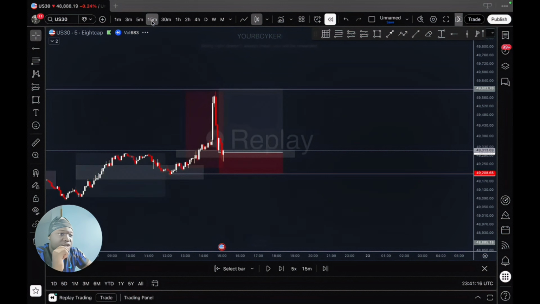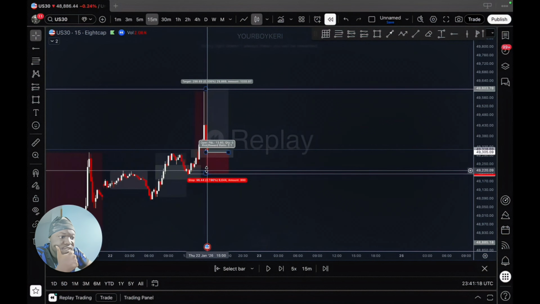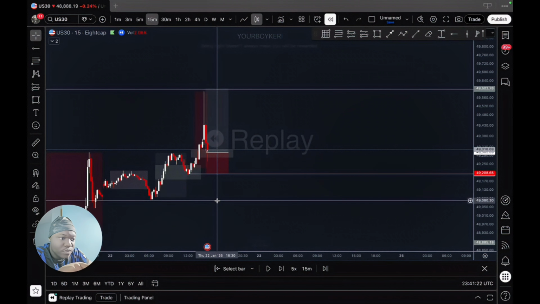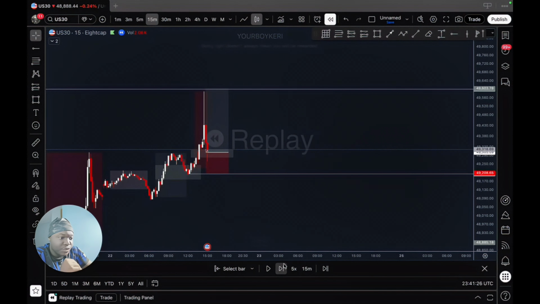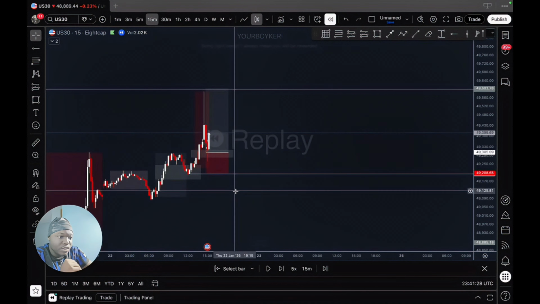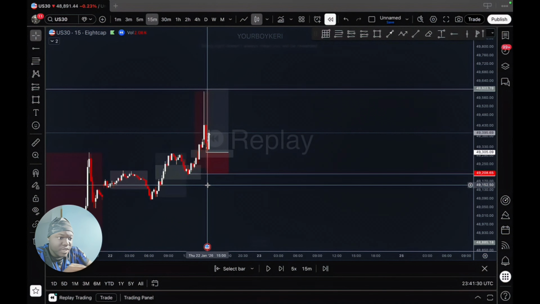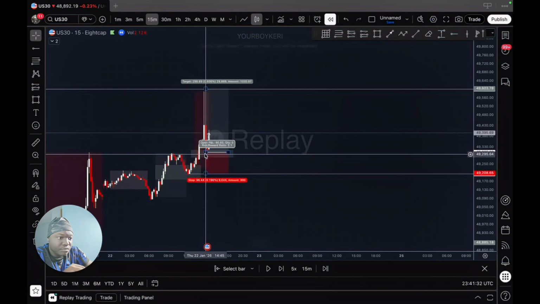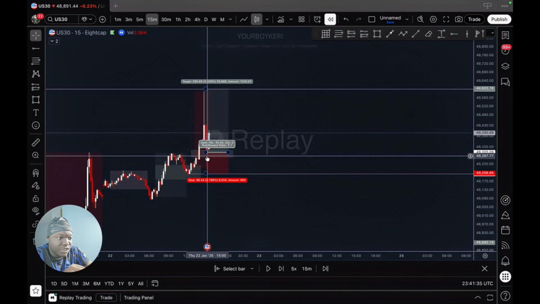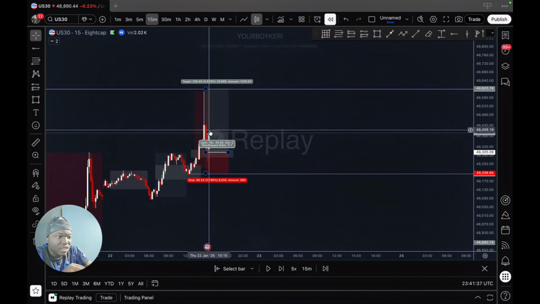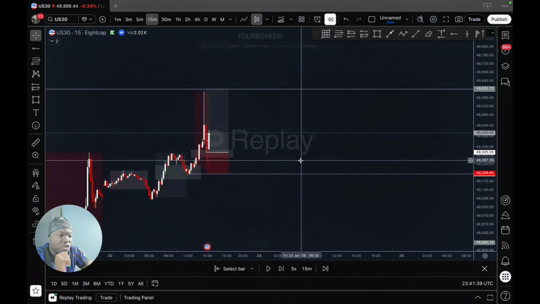But for my confirmation entry, if this 15-minute candle right here closed with bearish pressure, you see that this candle didn't close with bearish pressure, right? It gave a rejection of this point of interest. The next candle went up.